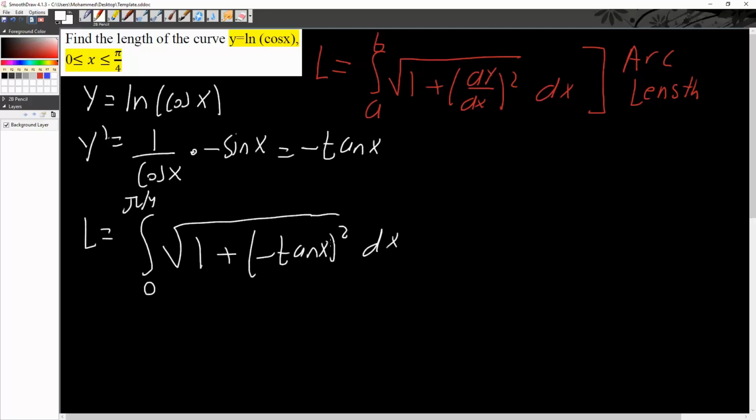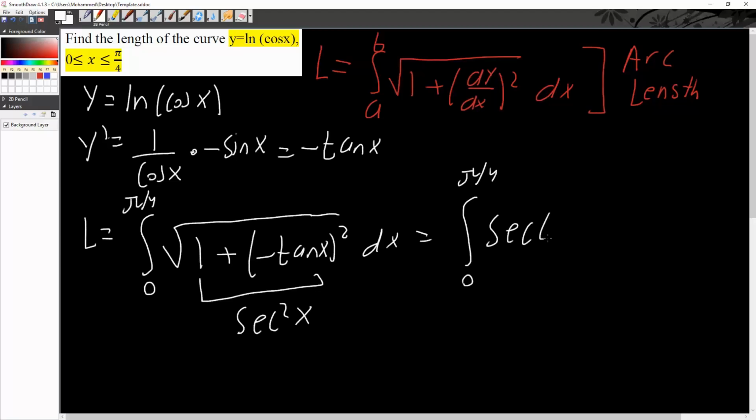Negative tan x squared is simply tan squared x, and we know there's an identity: 1 plus tan squared x is equivalent to secant squared x. So the square root of secant squared x is simply secant x. What we have here is the integral from 0 to pi/4 of secant x in terms of dx.